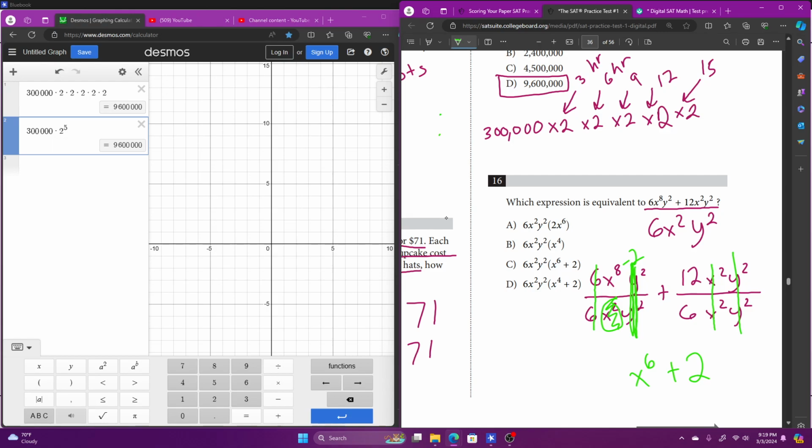And the reason why that works, what does x to the power of 8 mean? 1, 2, 3, 4, 5, 6, 7, 8 x's over 2 x's. Those two cancel each other out, and you are left with 6. So our answer is C for sure here.